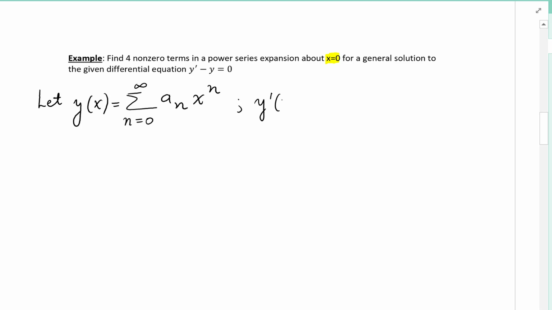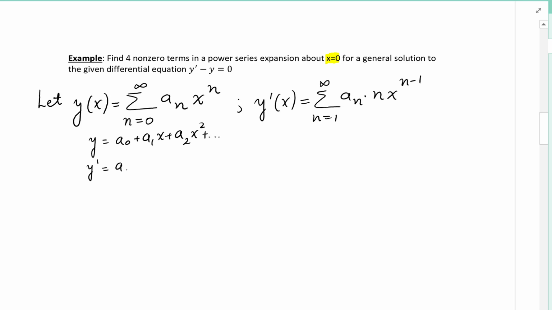So y prime of x is actually the sum as n goes from 1 to infinity of a sub n times n x to the n minus 1, right? We differentiate pointwise, and if you want to double check that, you can expand this, and this gives you the expansion of y of x. If you differentiate, y prime is a1 plus 2a2x plus 3a3x squared and so on, which is actually the same thing as the expansion of this one.